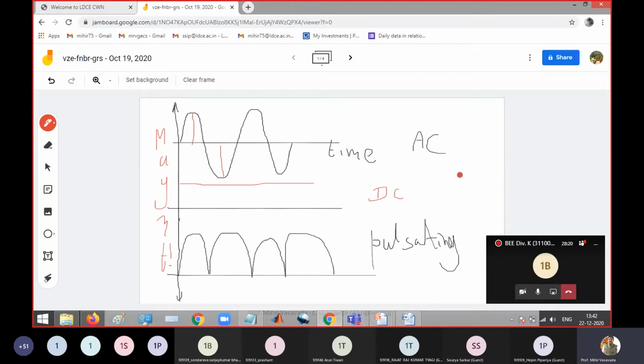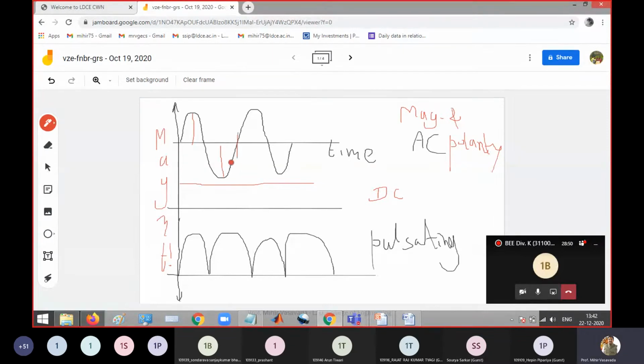So when you are thinking about AC, alternating current or voltage, it is that quantity in which the magnitude of the quantity, right? One is magnitude, this magnitude what we are representing. And what is the second quantity? The polarity is continuously changing with respect to time.